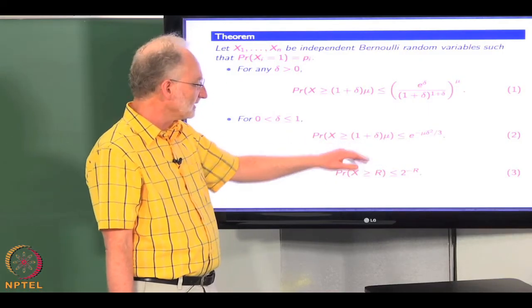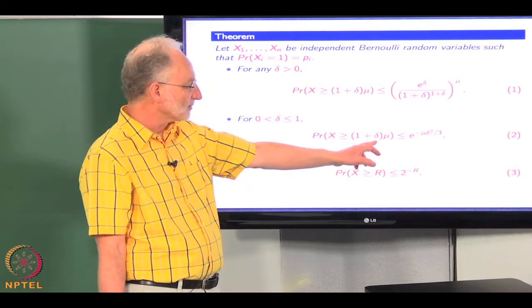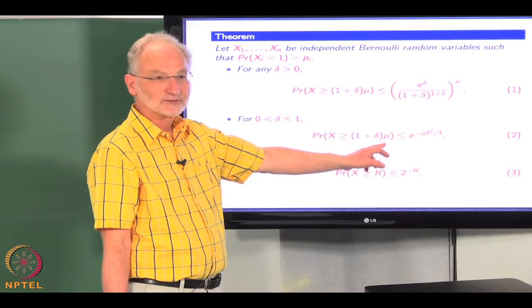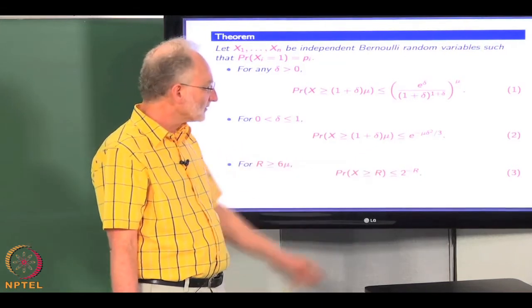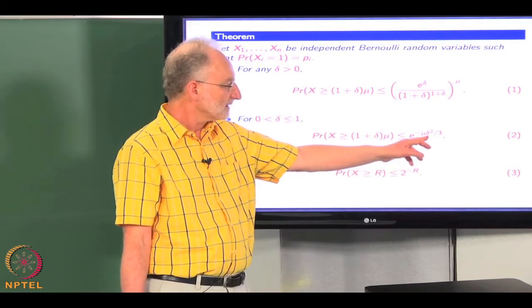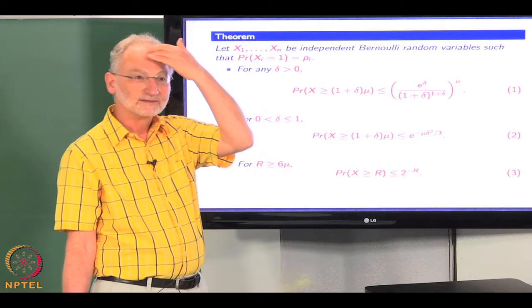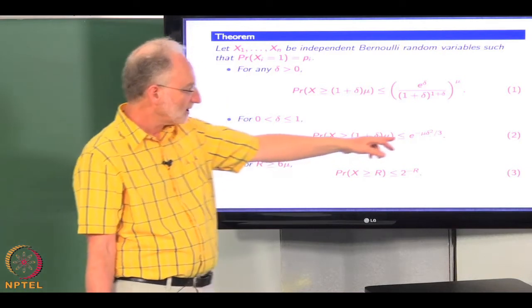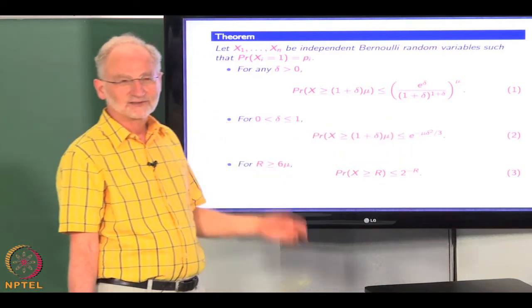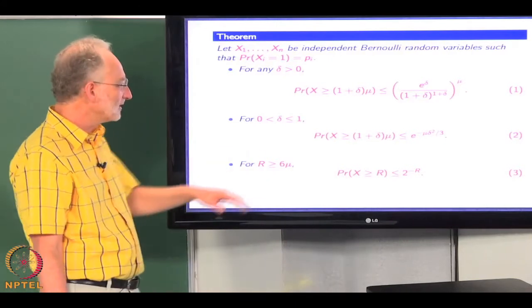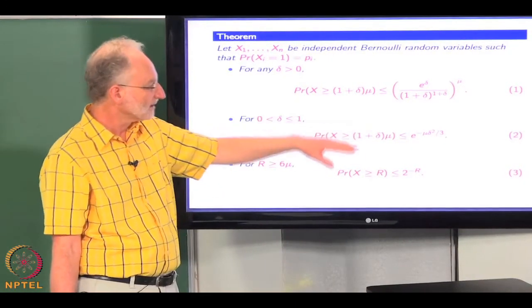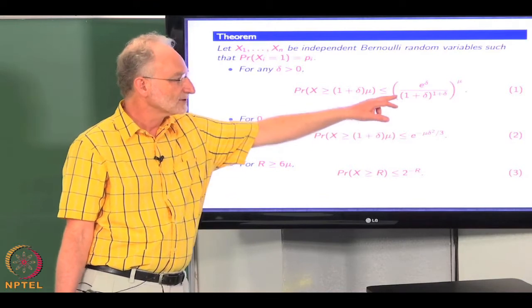So the probability that X deviates by more than delta from its expectation is bounded by e to the minus expectation times delta squared over 3. Okay? And why you get this 3, these are just technicalities of how you show that this is an upper bound for this.